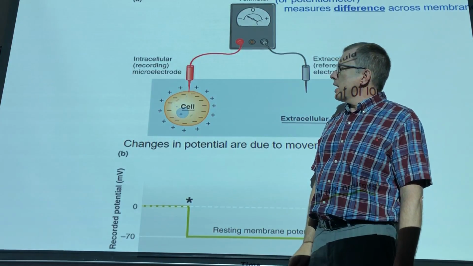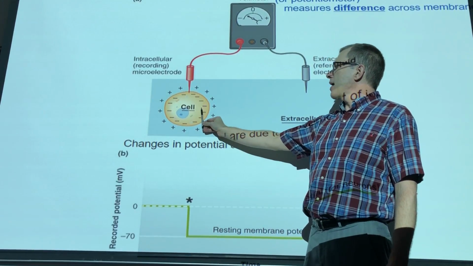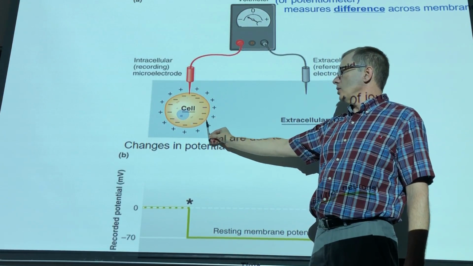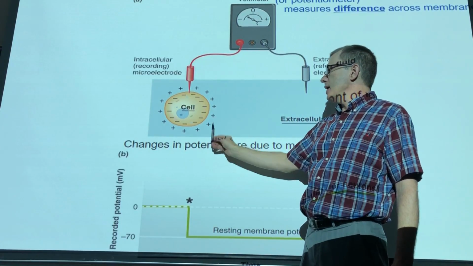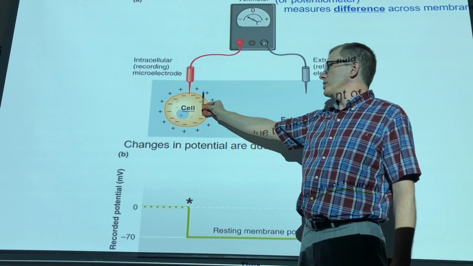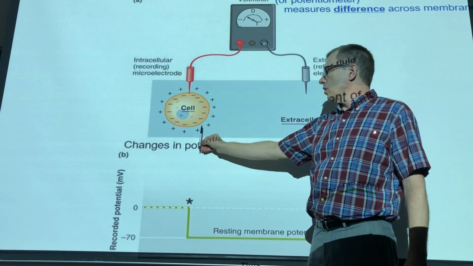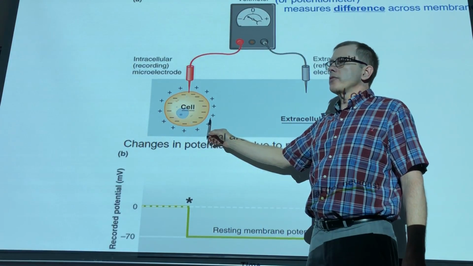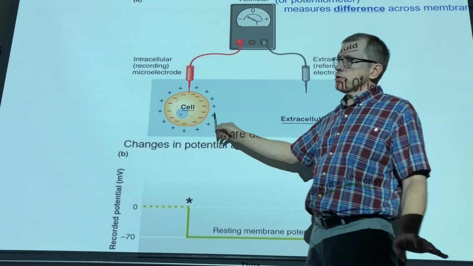And basically, I told you that cells tend to have negative charges that accumulate along the inside of the plasma membrane, and positive charges that tend to accumulate on the outside of the cell membrane. And these are very, very weak, okay? But we can measure them.